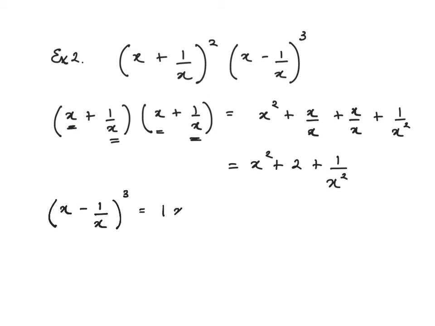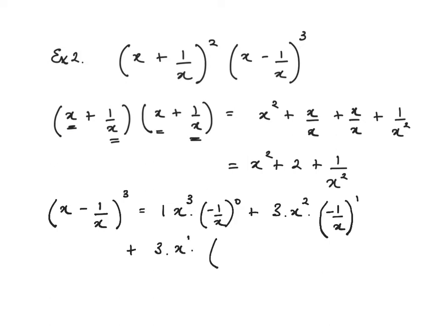So it's one lot of x to the power of 3 minus 1 over x to the power of 0. 3 times, so we reduce the power of the x and we increase the power of minus 1 over x, x to the 1 times minus 1 over x, 2, and then it's just 1 times x to the 0, I'll put the x to the 0 in, and minus 1 over x to the power of 3.